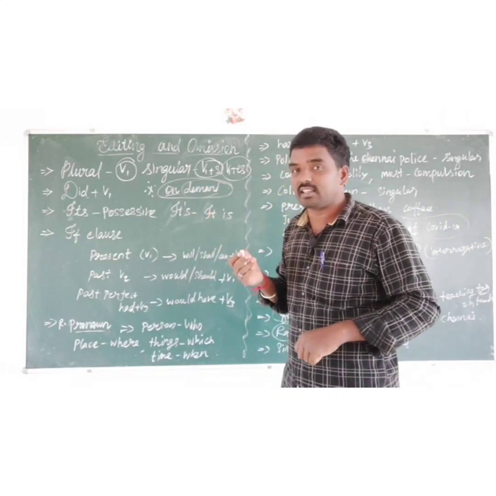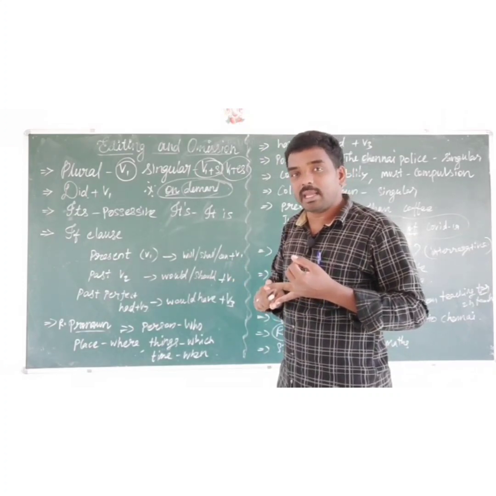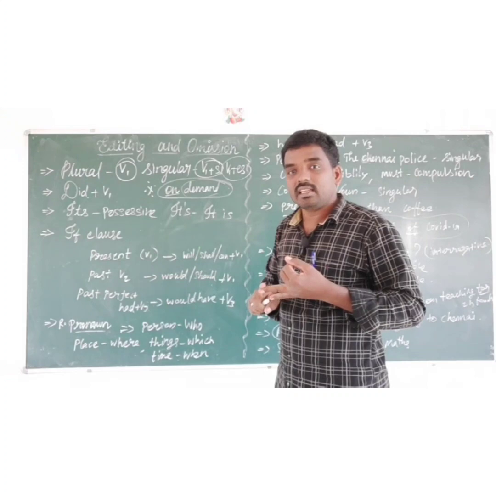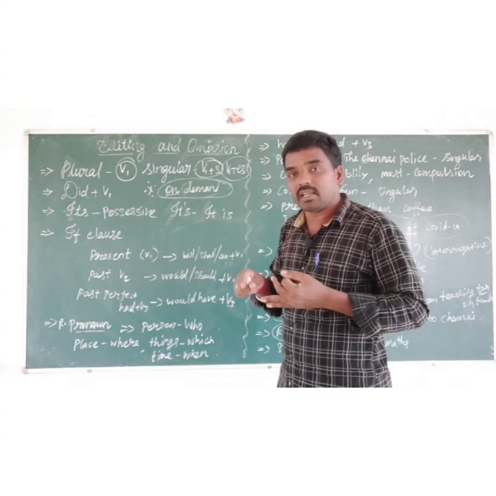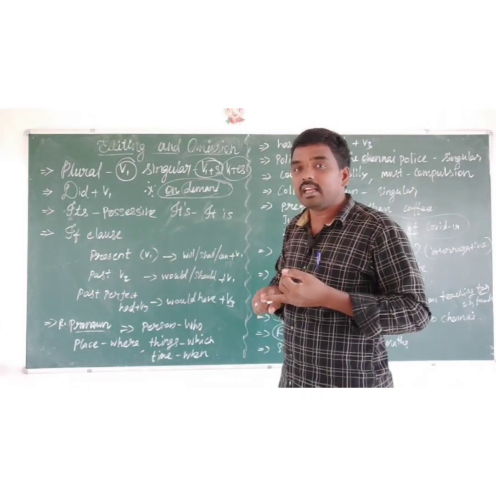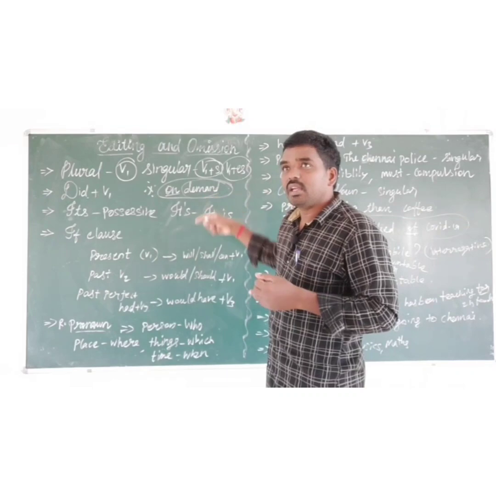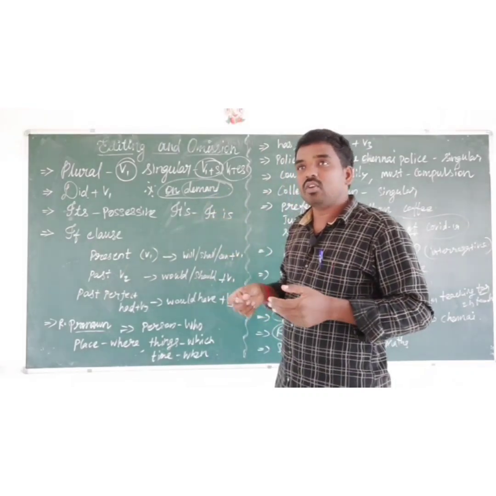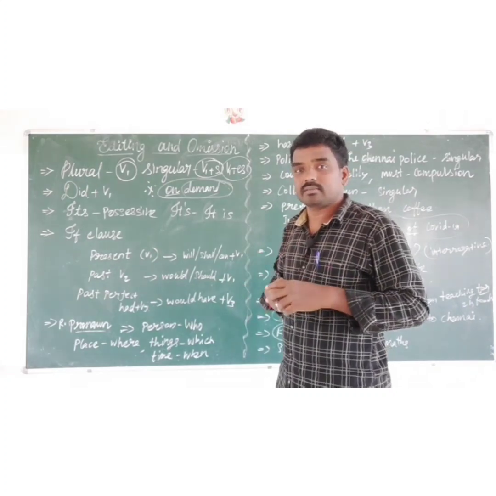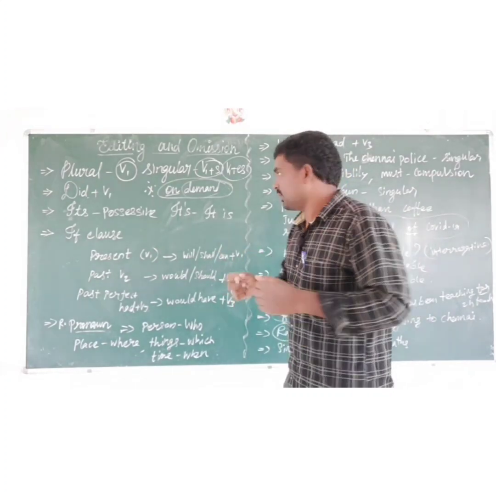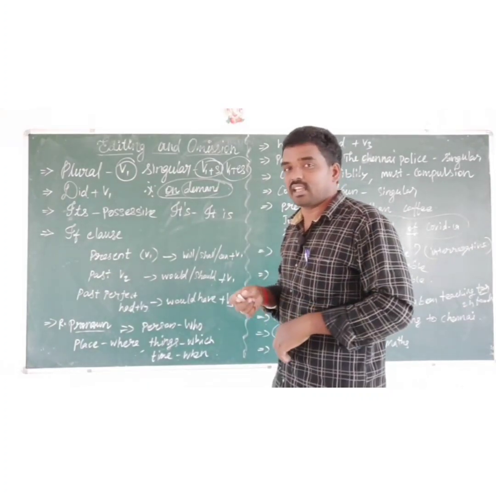Yesterday also we learned in and at: for a particular time we use at, for year and month we use in, for day and date we use on. So here, with demand also we can use on. At the same time, if you are watching TV, I am busy on mobile, I am busy on TV, we can say.